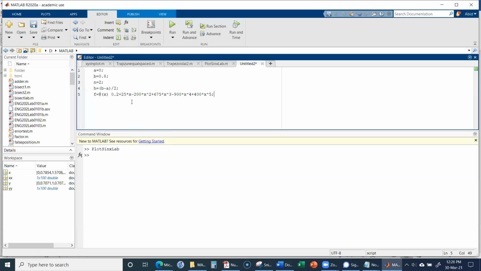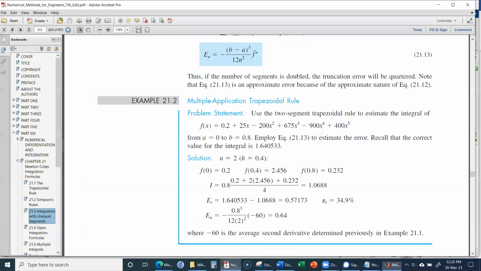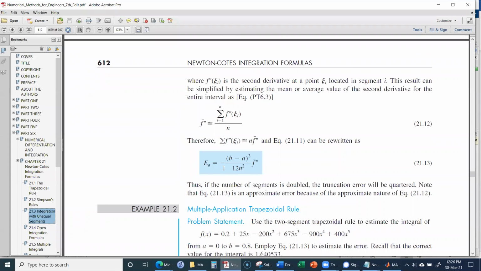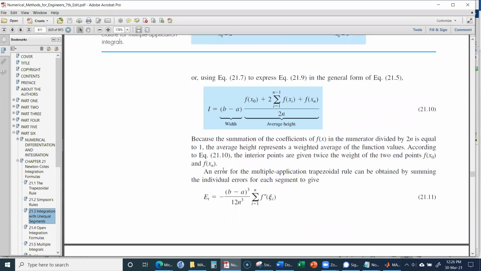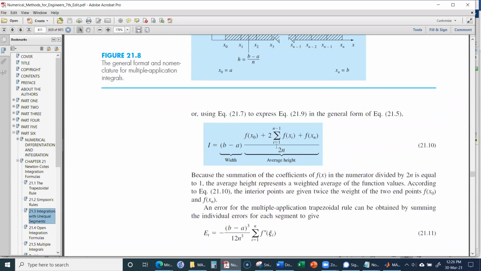Now if we look at this formula for the multiple terms, the first term and the last term have coefficients of 1, but the middle terms have coefficients of 2.